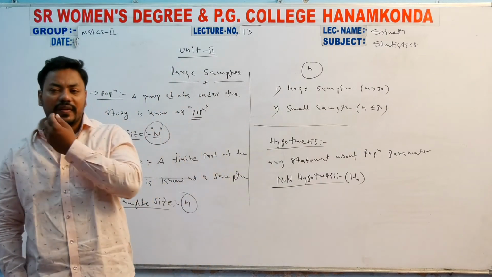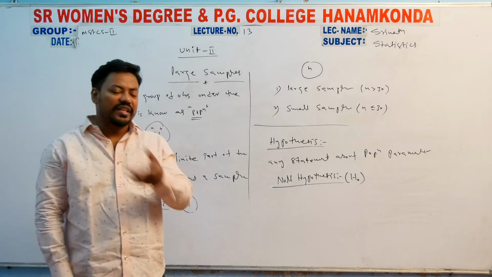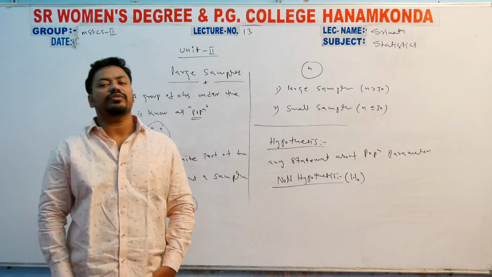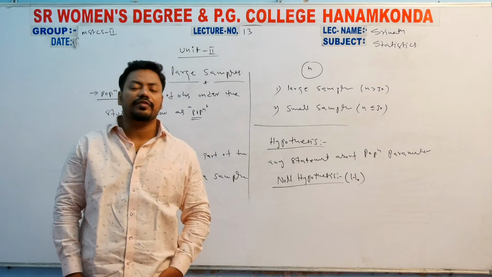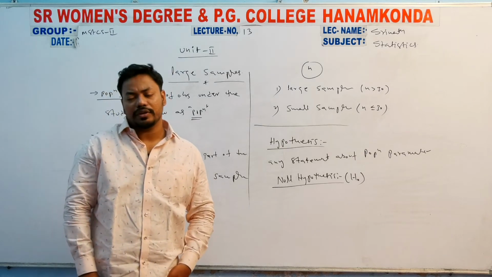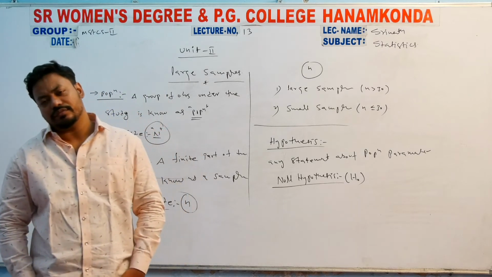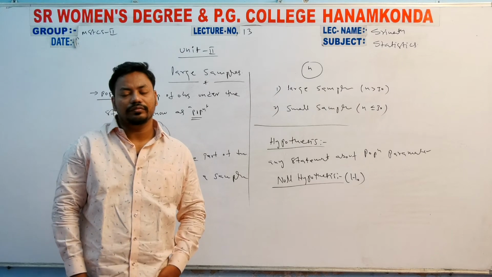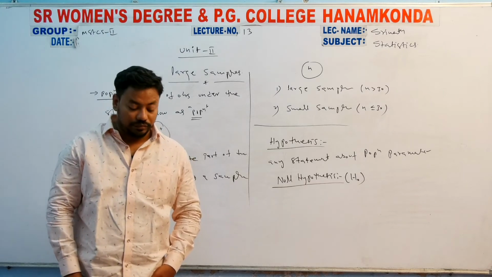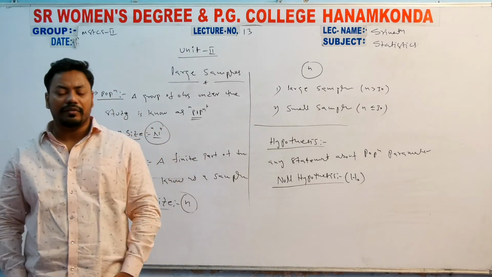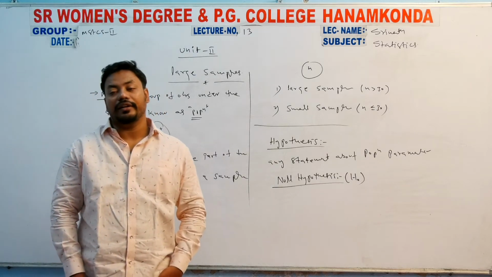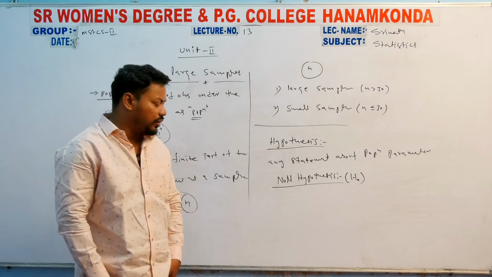Null hypothesis means there is no significant difference between the population parameter and the estimated value, and it is denoted by H0.